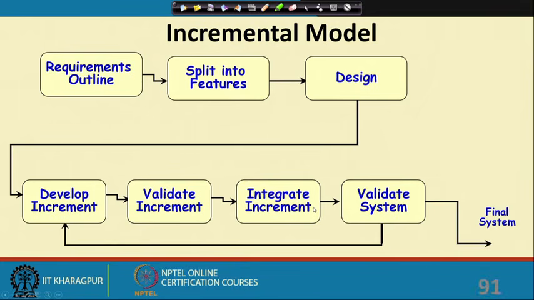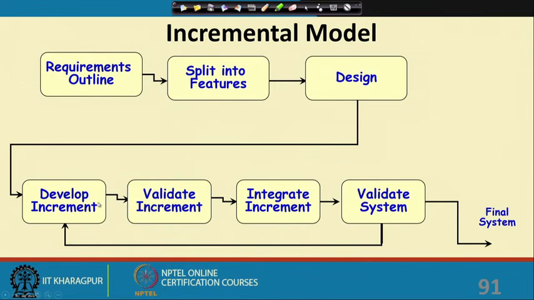But as far as the designers, the developers, are concerned, the model they follow is something like this: they get the initial requirements, and they split this into deliverable features, and they do an overall design.